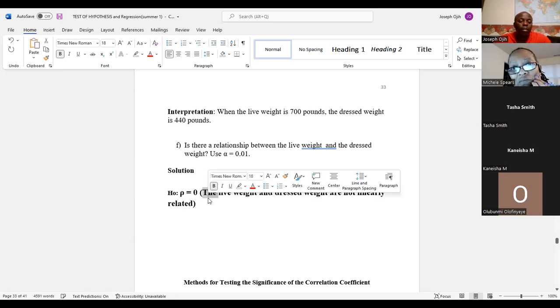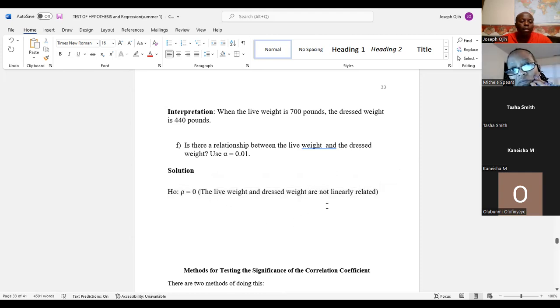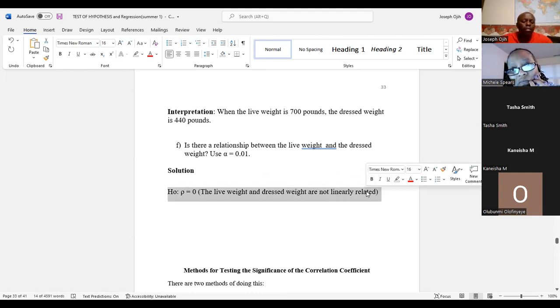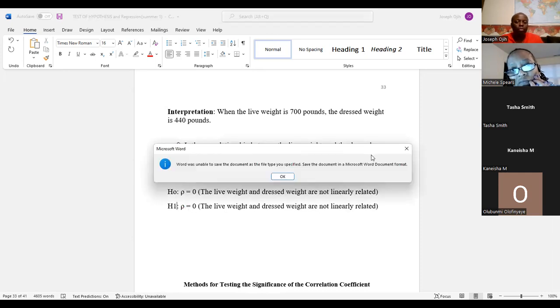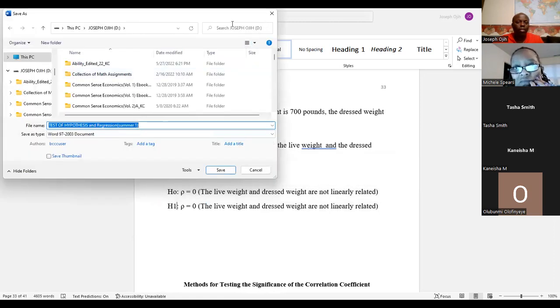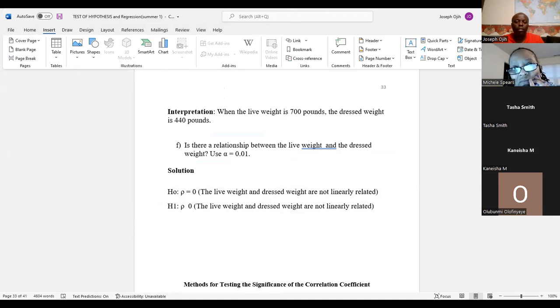The alternative, H1, is that the live weight and the dress weight are linearly related, so rho is not equal to 0. I put the symbol for not equal to there. That's how you state the hypotheses.